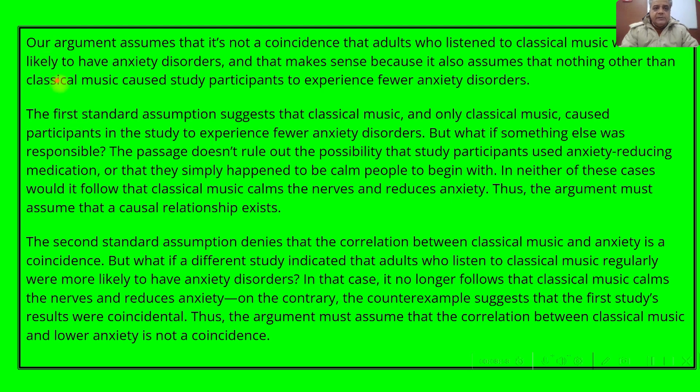Our argument assumes that it is not a coincidence that adults who listen to classical music were less likely to have anxiety disorders, and that makes sense because it also assumes that nothing other than classical music caused study participants to experience fewer anxiety disorders.